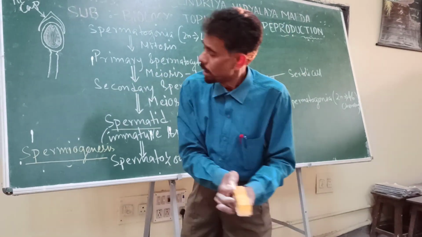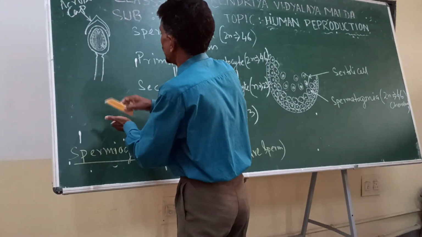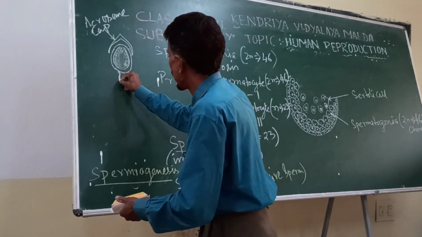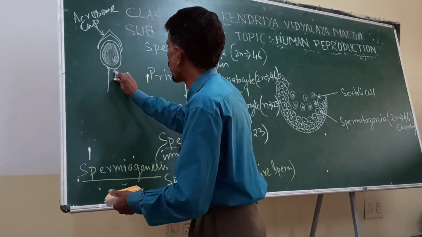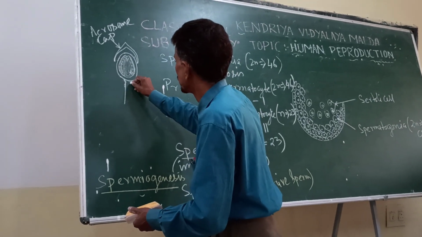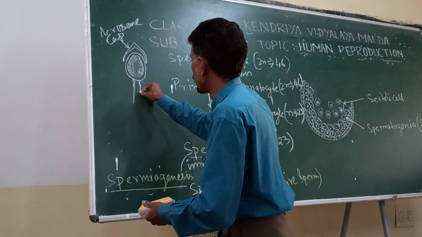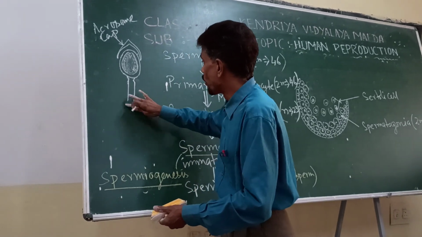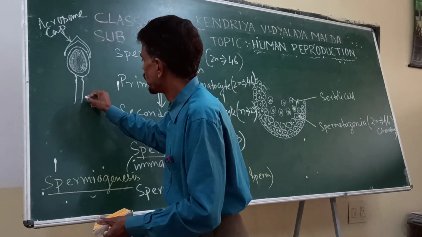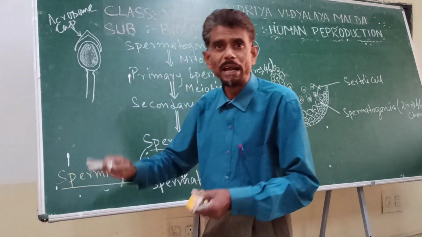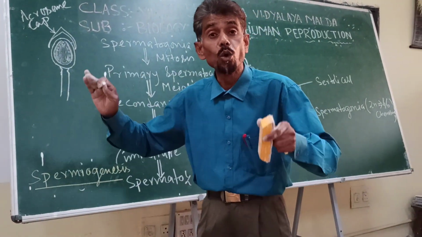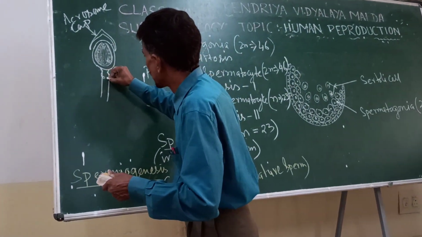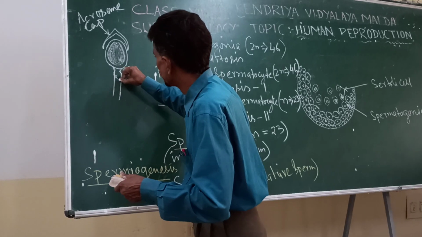The anterior part of the microtubule is quite wide because of the arrangement of mitochondria. Mitochondria arrange over it in the form of bands.